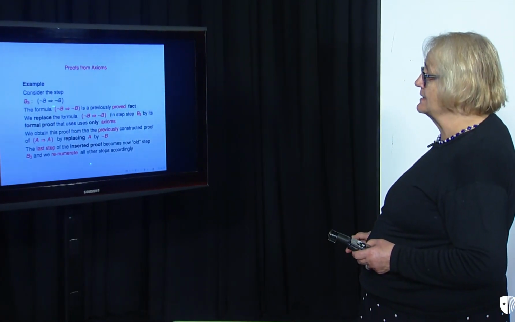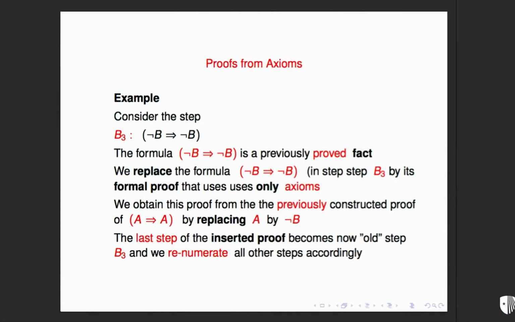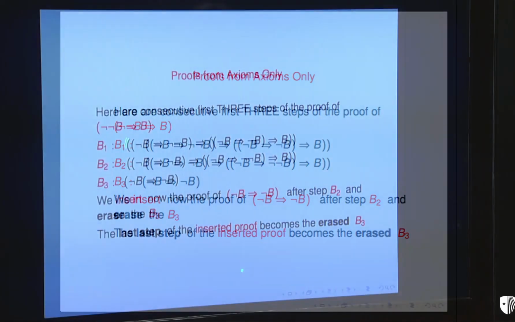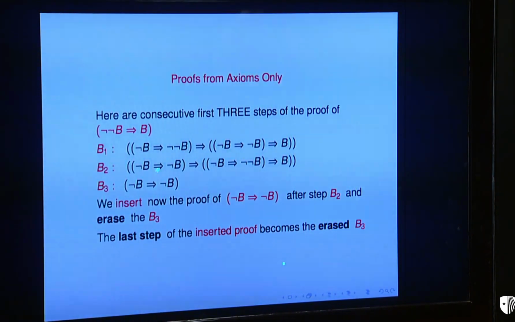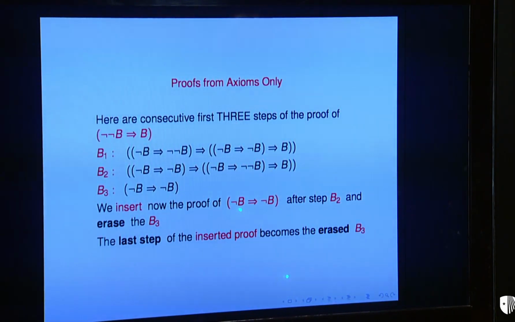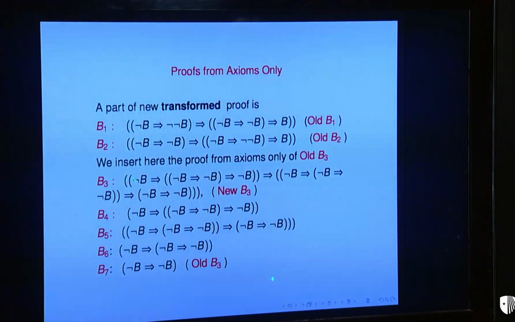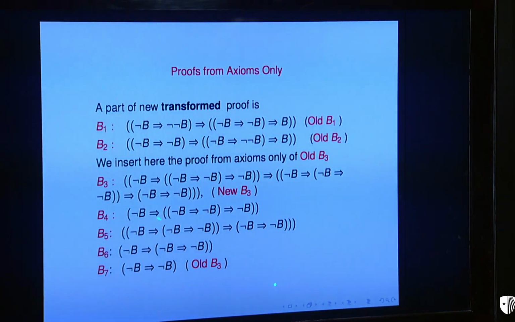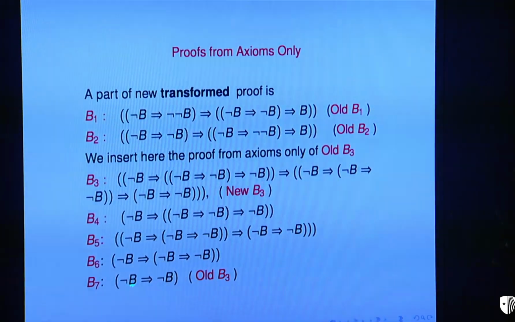There's one remark. I said that that formula is a particular case of A implies A. So if you want to construct a proof from the axioms, you can insert, before this step B3, the whole proof of not B implies B. For example, I did it: you see I have 1, 2, and now I insert the proof I copied from A implies A for B and B. Here is the whole proof.